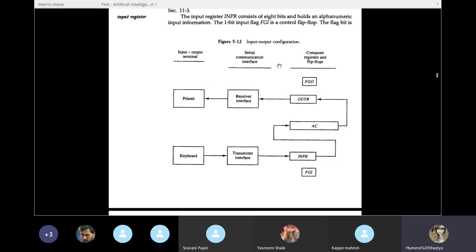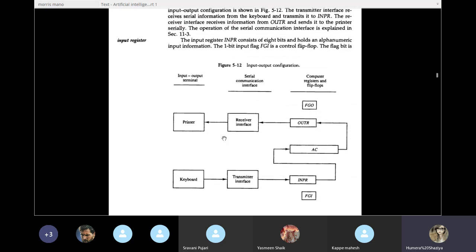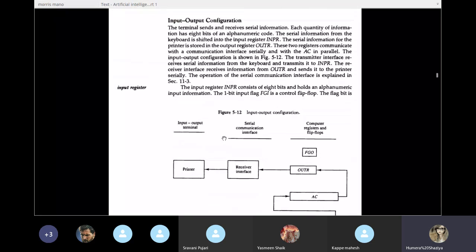In this manner, input output operations take place. Operation in the sense the reading of the data from the input device and displaying of the data onto the output device. Is this clear? If you have a doubt, please ask.